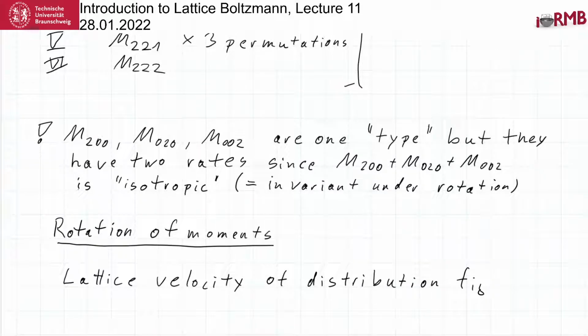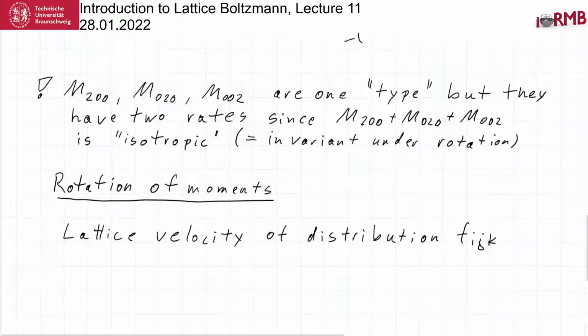And our distribution, we specify it with these three indices giving the velocities in x direction, in y direction, and in z direction.